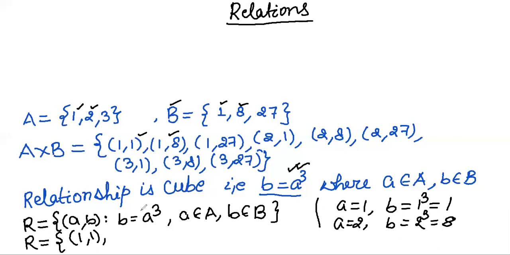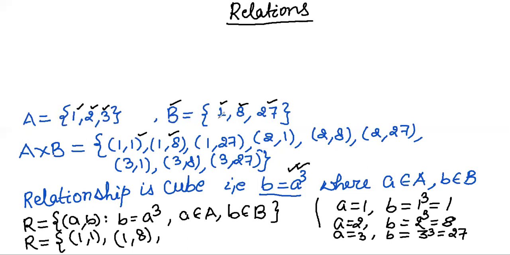Next, the a value we will take is 3. So a equals 3. Then b value is 3 to the power 3, which we know is 27. We'll check whether this value is there or not. Yes, in B it is there.